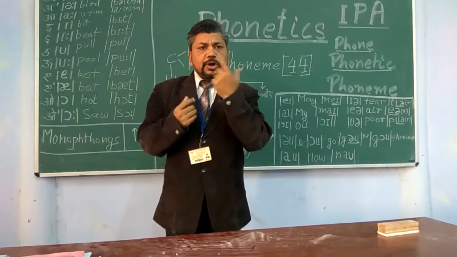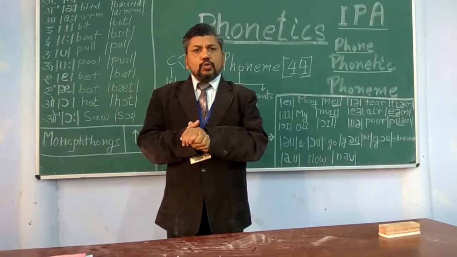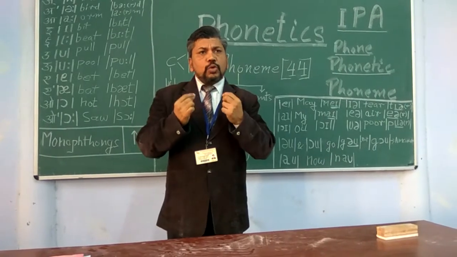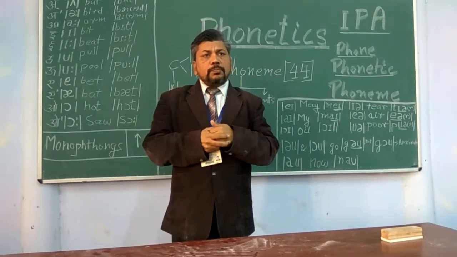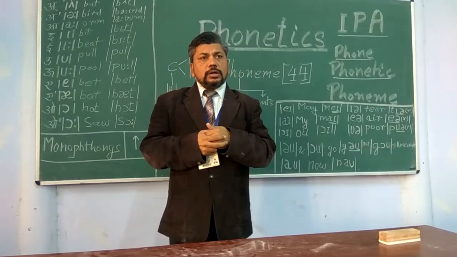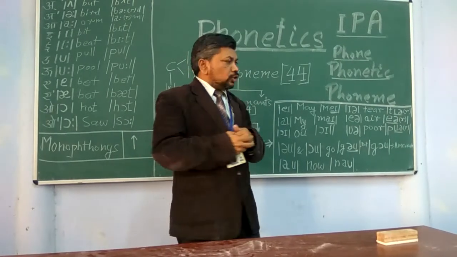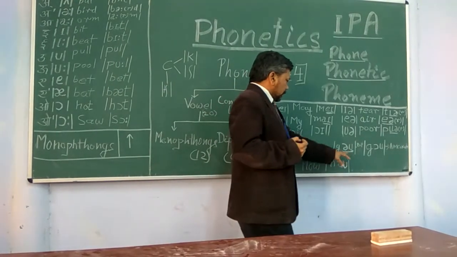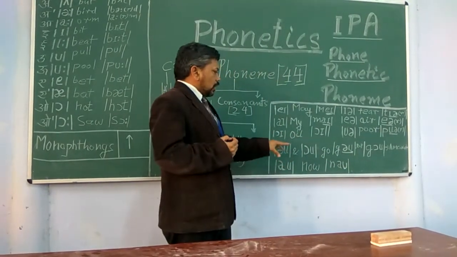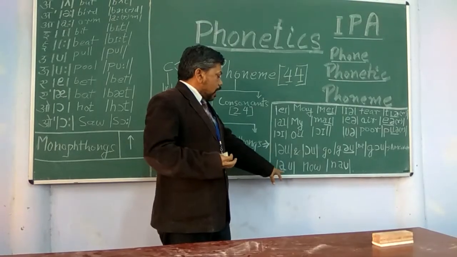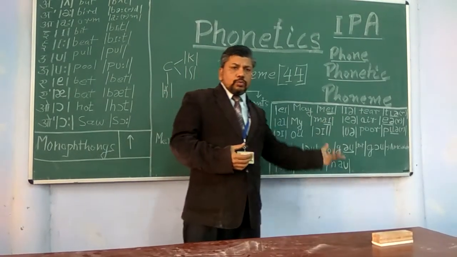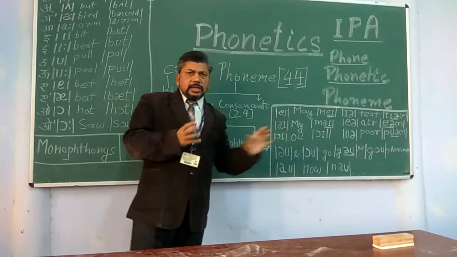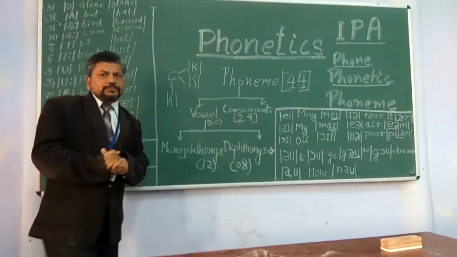Oo, lips round, then if lips are rounded, they need to relax. Then poor, sure, doer, tour. Then there is saw, then R and O. Now, how, cloud. These are the diphthongs.